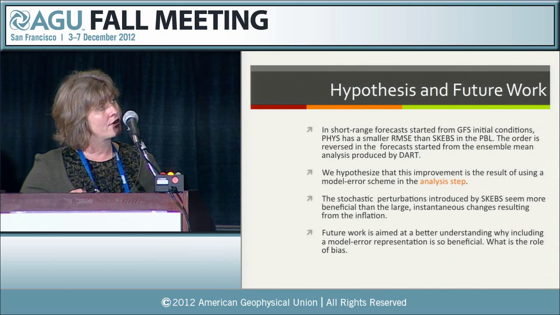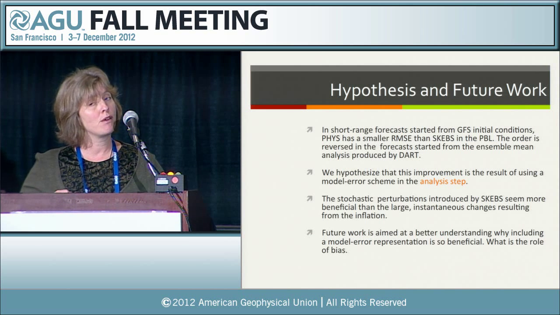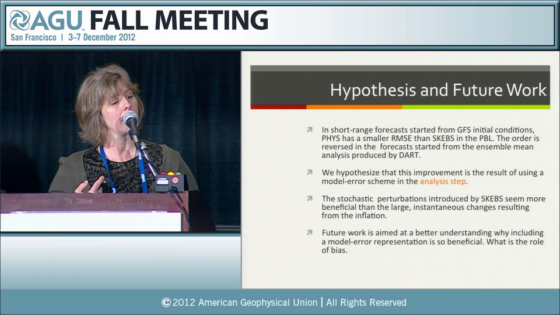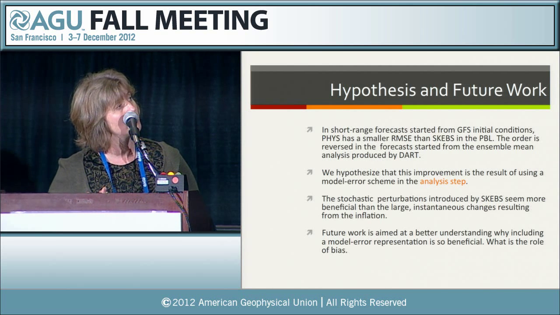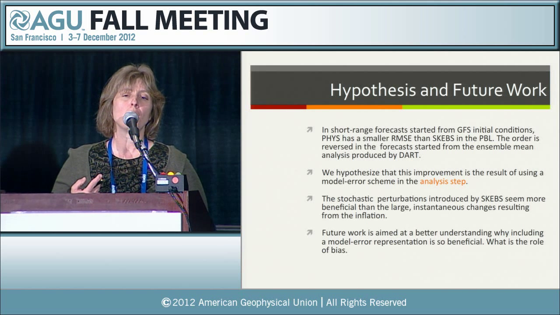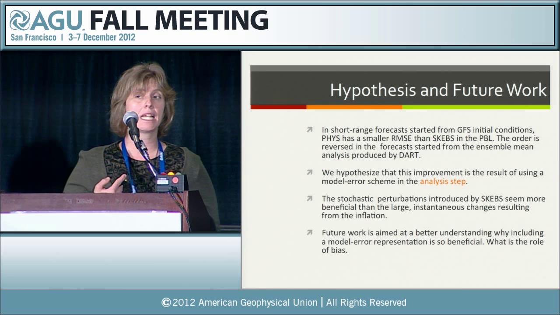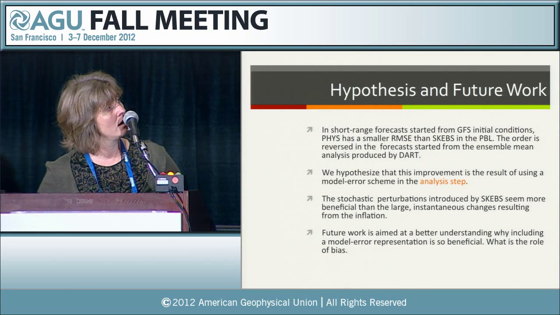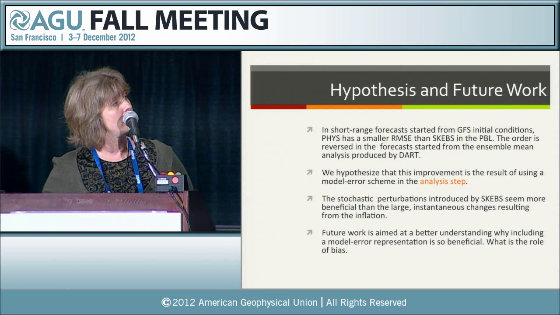We noticed that the order is reversed when we use the ensemble data assimilation. It seems that the physics scheme is a bit better than SCAPs in forecasts only, but if we do the cycling, then it seems that SCAPs is better than the physics scheme. We're trying to understand that better.